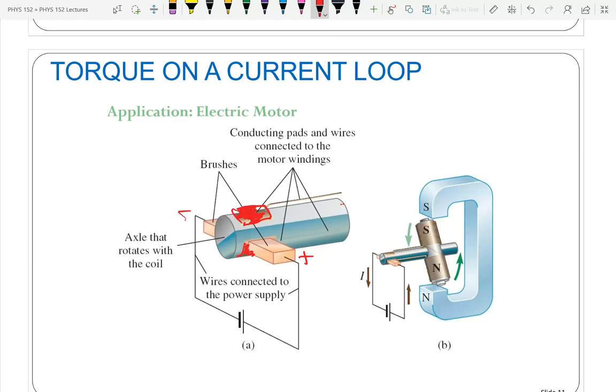And so that split armature allows you to keep the torque always going the same direction. And thus you can make your DC motor work. So DC motors, split armature, boom, you're golden. So you can totally make a DC motor. You just have to have a way to switch which side's positive and which side's negative every half rotation.